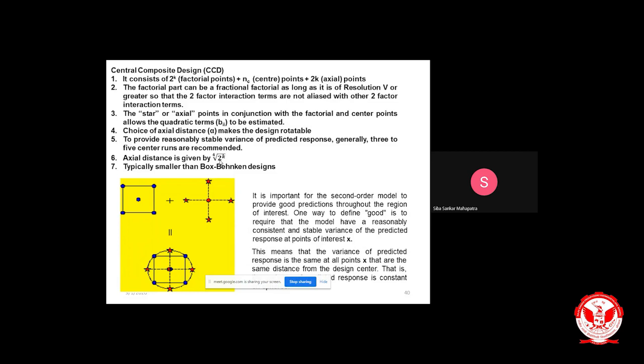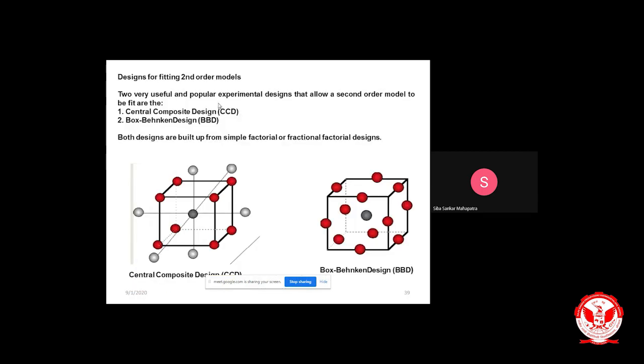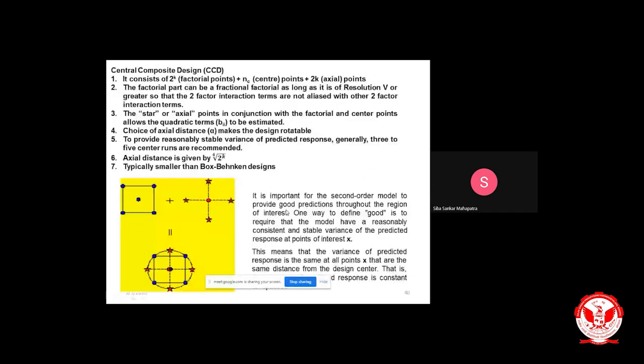So when there will be two factors, then the axial distance will be from this point to this point, the distance will be 1.41. So these are the different values given. If k equal to 2, then axial distance alpha will be 1.41.